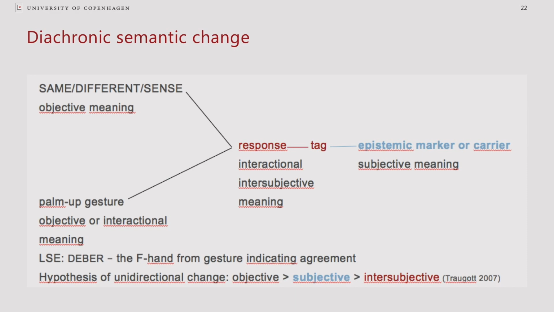And let me remind you again of the Spanish sign meaning must, which comes from a gesture indicating agreement. So we see a stage between objective meaning and subjective epistemic meaning, which is interactional or intersubjective.